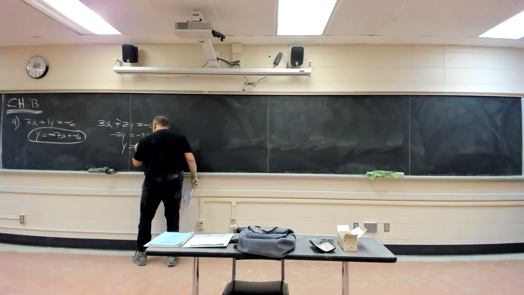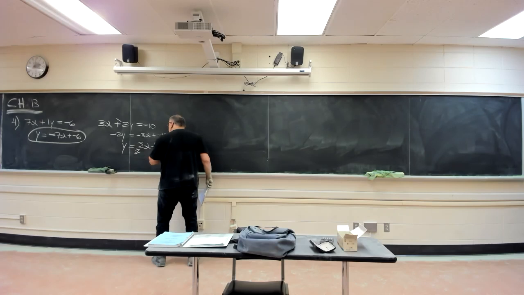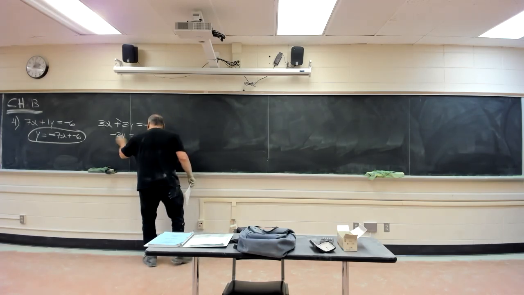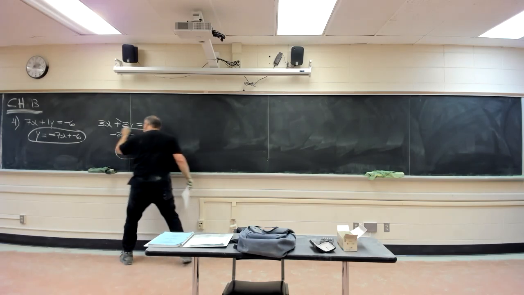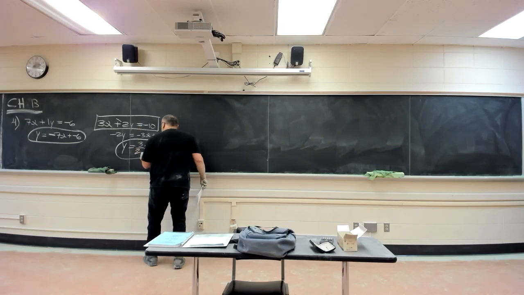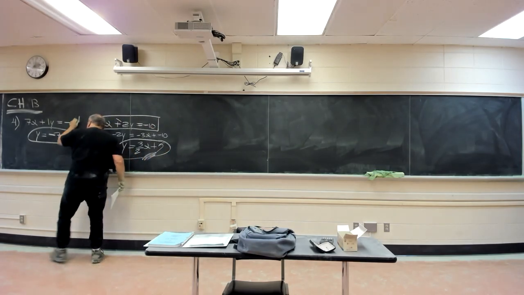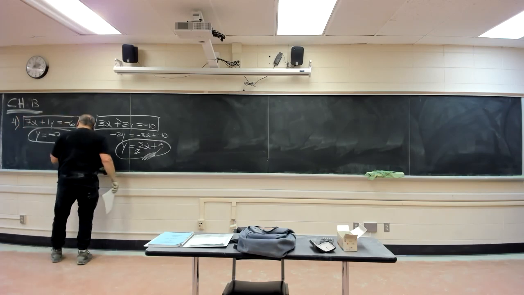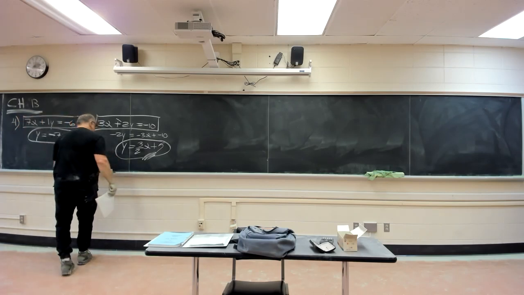Negative 3 divided by negative 2 is just positive 3/2. Negative 10 divided by negative 2 is positive 5. So divide by negative 2 on each side and get down to here. Here is this line written from standard form to slope-intercept form.